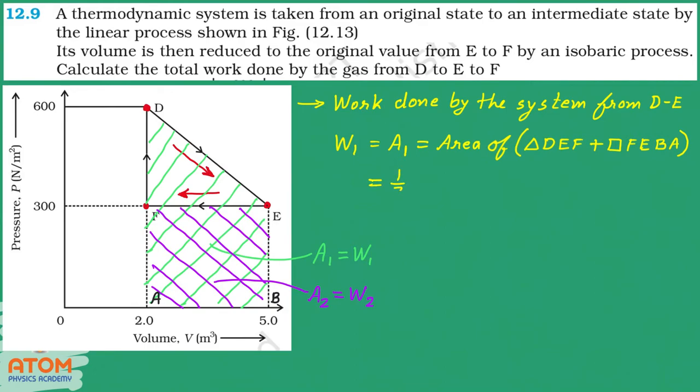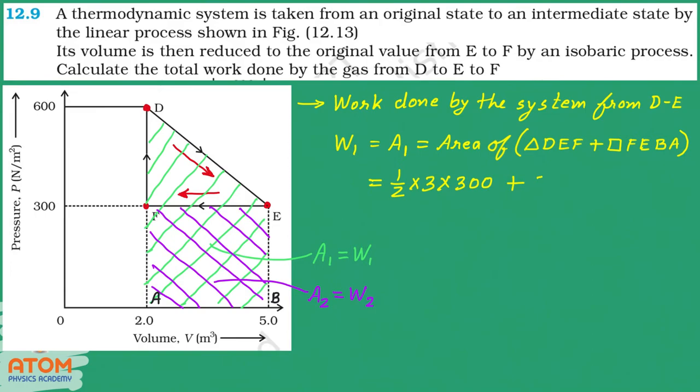The area of a triangle is 1 by 2 base into height. Now this is the base, and the base you can see is 5 minus 2, that means it is 3. So it is 3 into height. Now the height of this triangle is 600 minus 300, that means it is 300. Alright, plus the area of the rectangle is length into breadth. So the length is again 3 and the breadth is again 300.